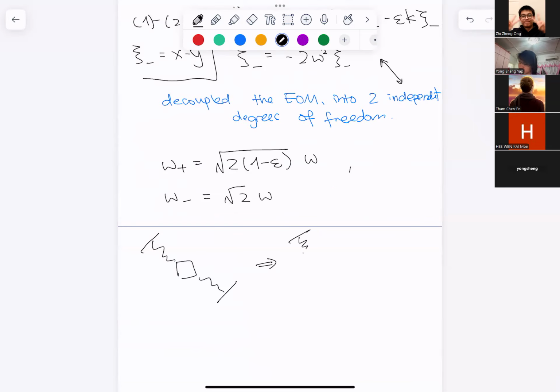If I just displace this block like this, this is a displacement in the z minus direction. What happens is that this block will just oscillate around the equilibrium point in this fashion. Okay, it will just oscillate along this diagonal.